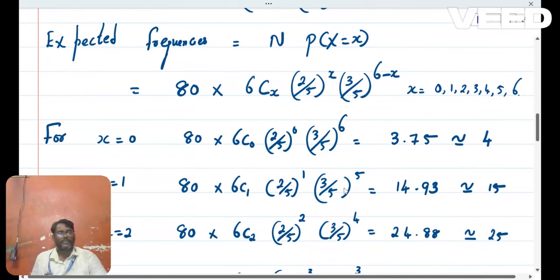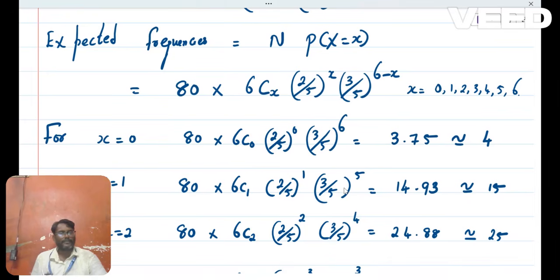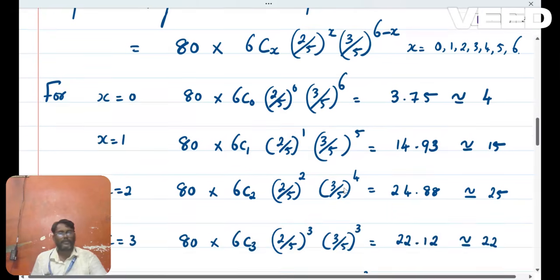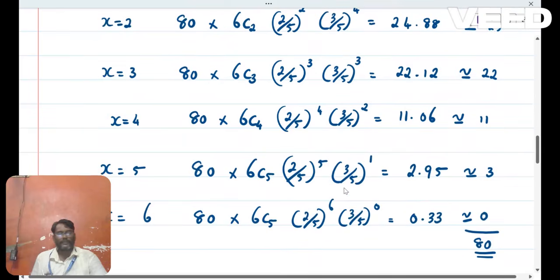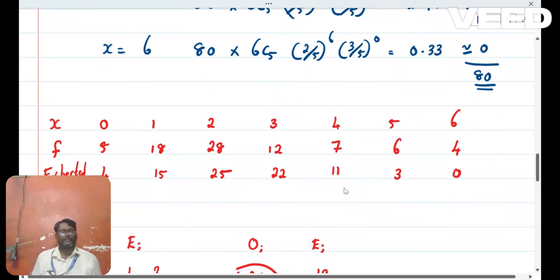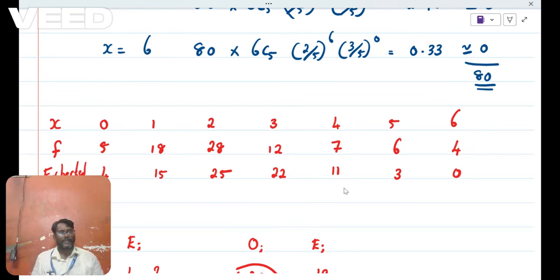So 80 into 6Cx, 2 by 5 raised to the power x, into 3 by 5 raised to the power 6 minus x, where x is equal to 0, 1, 2, 3, 4, 5, 6. So substituting the values for x is equal to 0 to 6, and rounding off the values, we will get the expected frequencies are 4, 15, 25, 22, 11, 3, and 0. And the sum is 80.